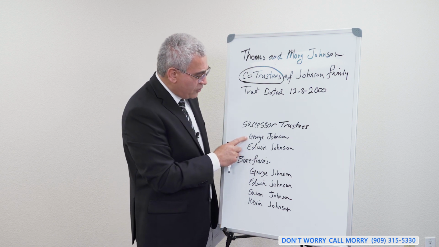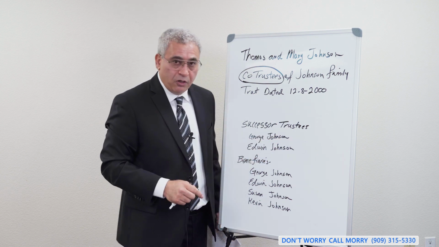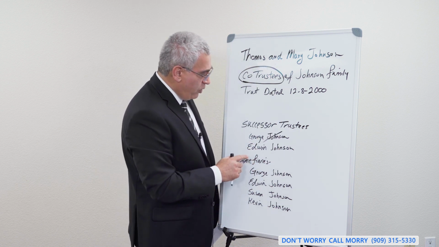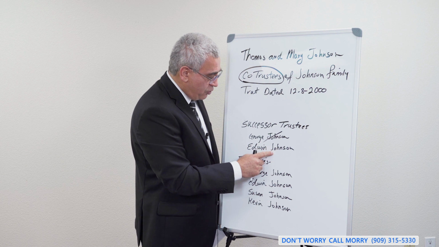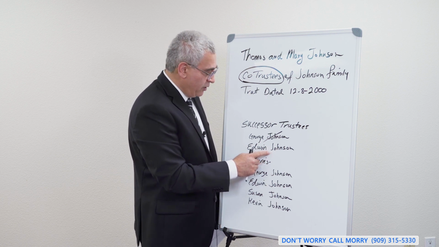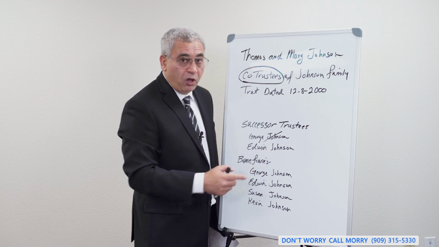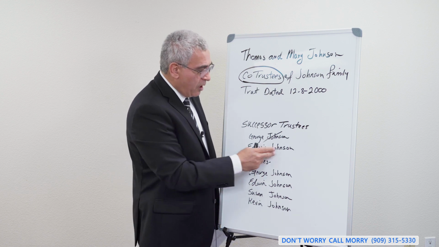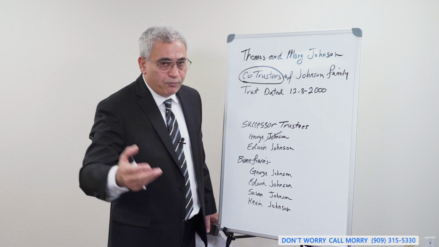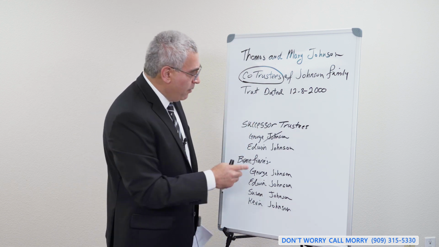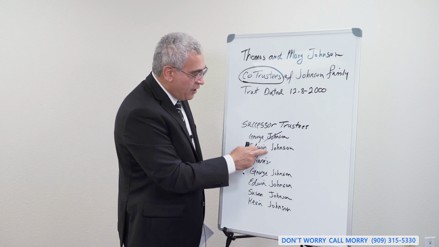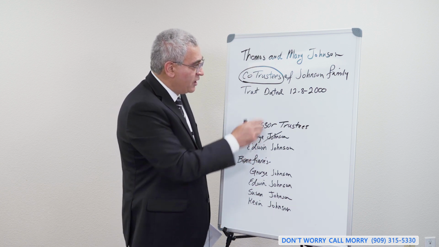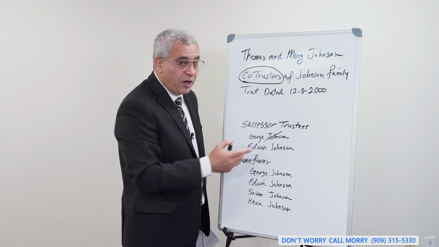We want to first designate George Johnson, our oldest son, and just in case he's not around, we want to nominate Edwin Johnson. He's our other son, and so that's where we are. And by the way, I would also put my brother, or she will say my sister, but those people are secondary or third or the fourth in line. They do this just in case they pass away and he passed away, now what?